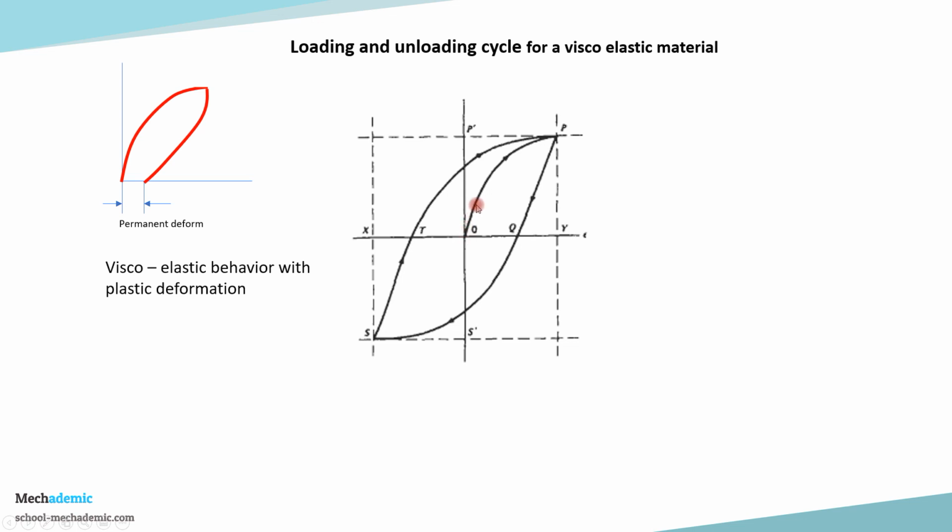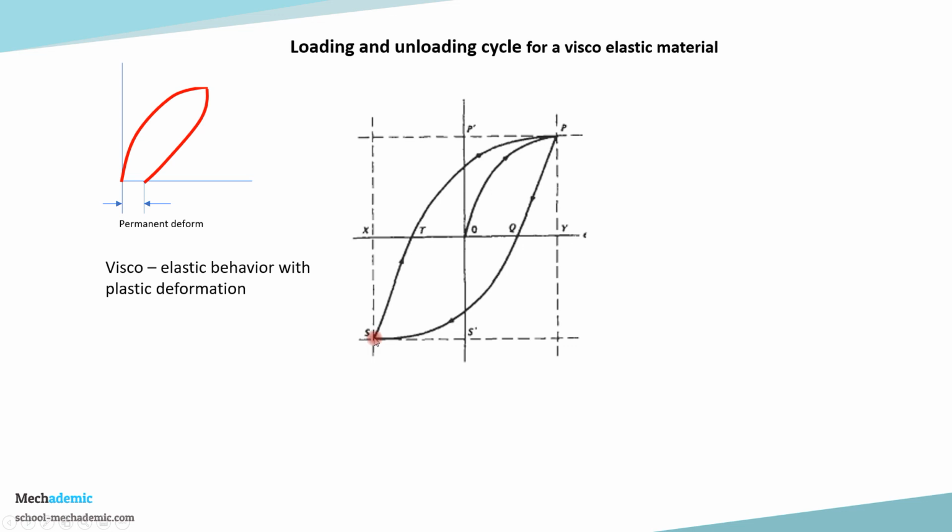So from this point it goes to the point P. The curve is non-linear, and at point P the load is removed and reverse loading starts. So at point P, when the load is removed, it will take this curve, and when the reverse loading is beginning, it will continue along this curve, and it will end at point S, which is the reverse loading limit of the test.